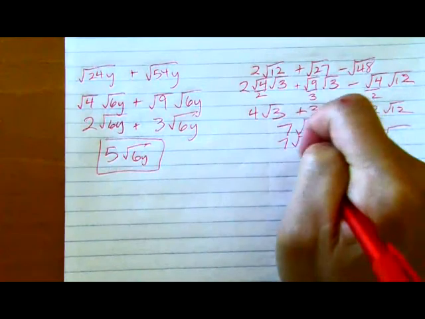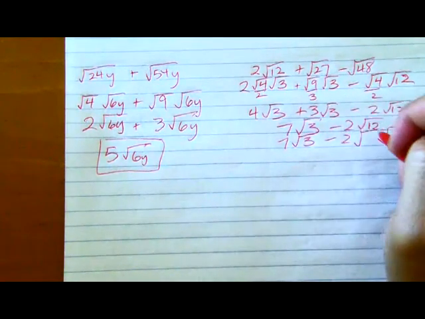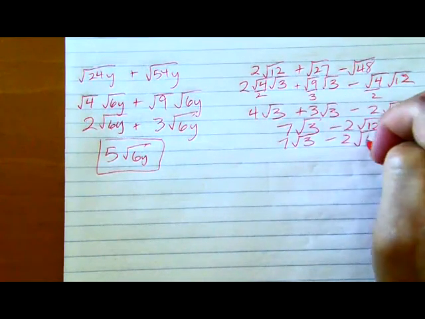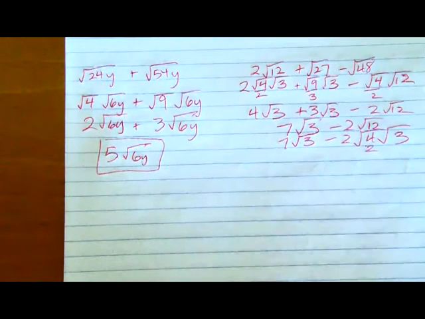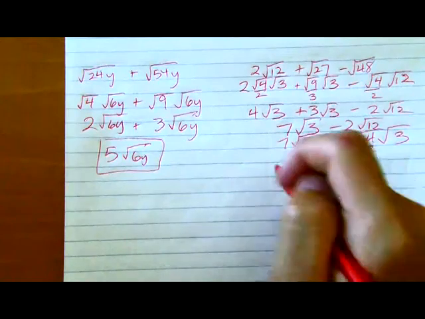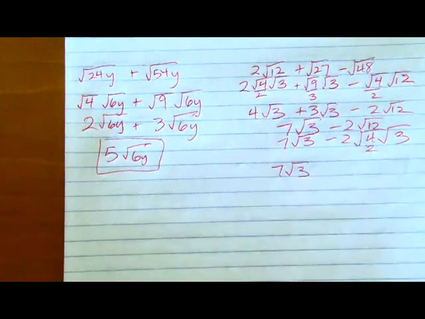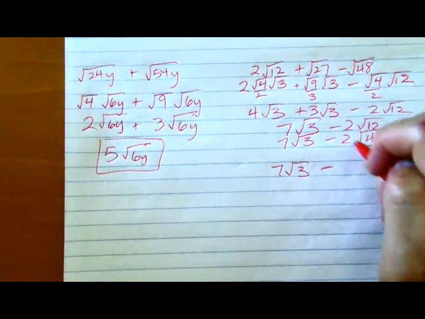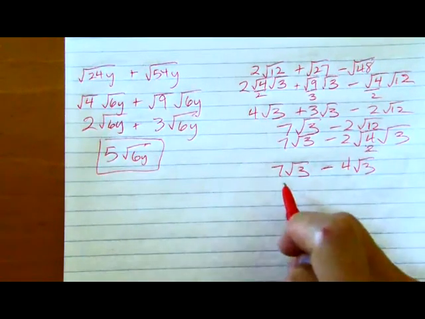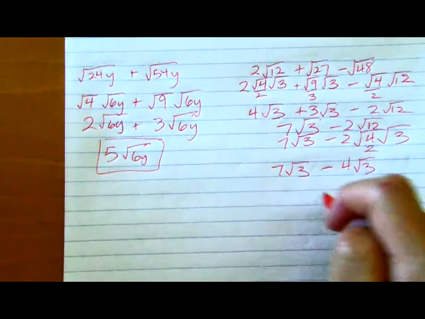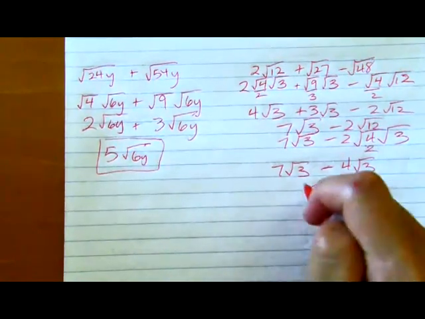So this is 7 radical 3 still. We can factor the 12 into 4 and 3. We can square root the 4, that's 2. So now we have 7 radical 3 minus 2 times 2 is 4 radical 3. We have like terms again. 3 radical 3.